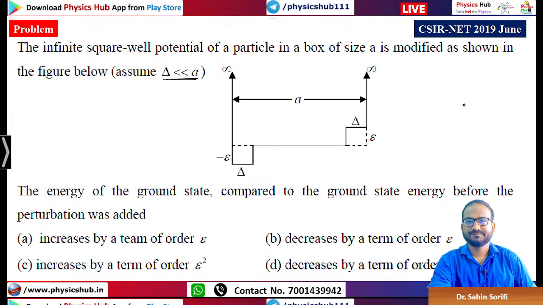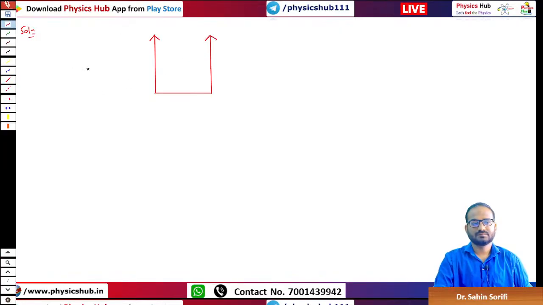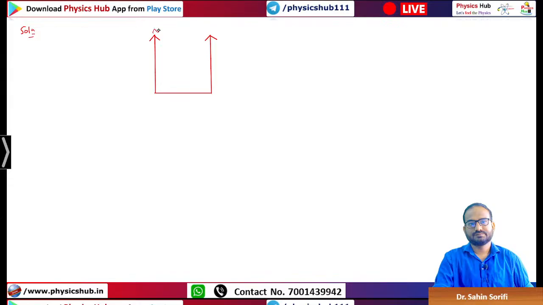Look, obviously the previous picture was for this problem. It is an infinite square well potential, so it is something like this, from zero to A. Now this has been modified.